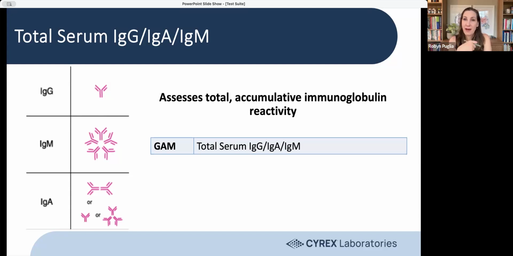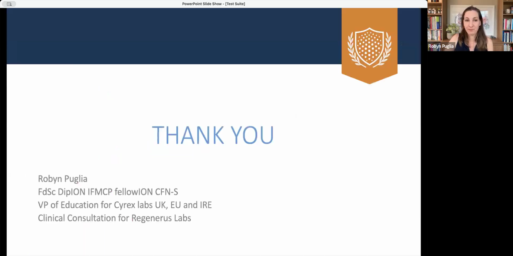So other infection panels, other food reactivity panels as well. So we actually learn a lot about the immune system and about the context through which we can view the immune system with this very simple panel. And so I recommend running it alongside the Cyrex panels that you order.